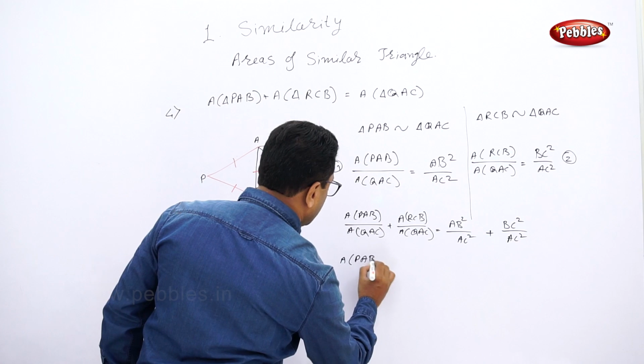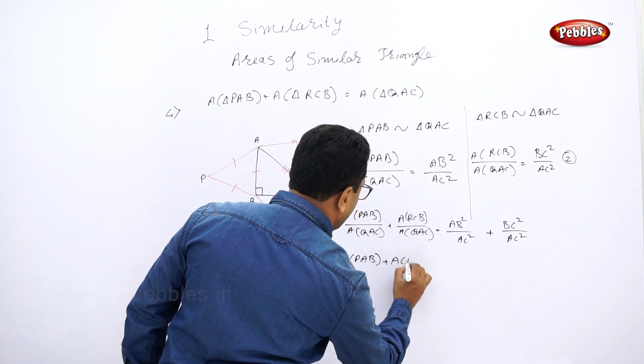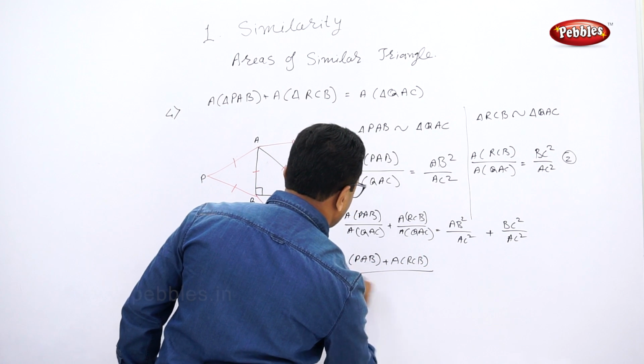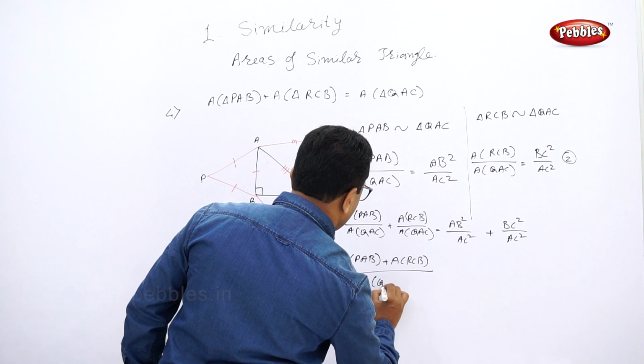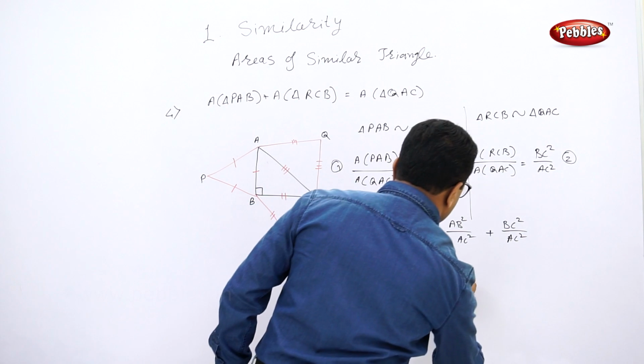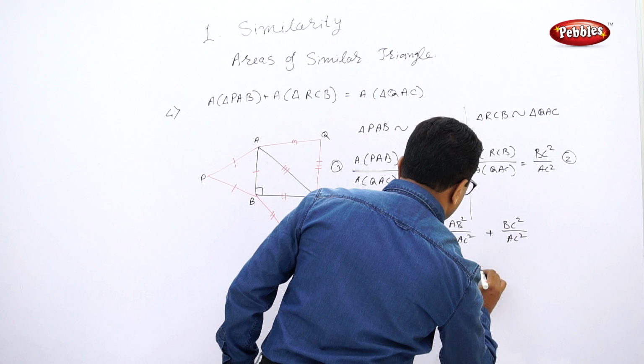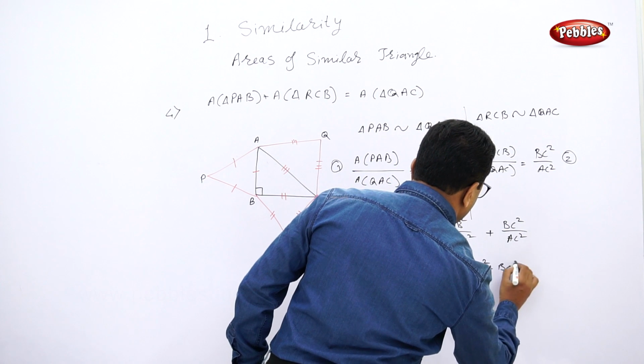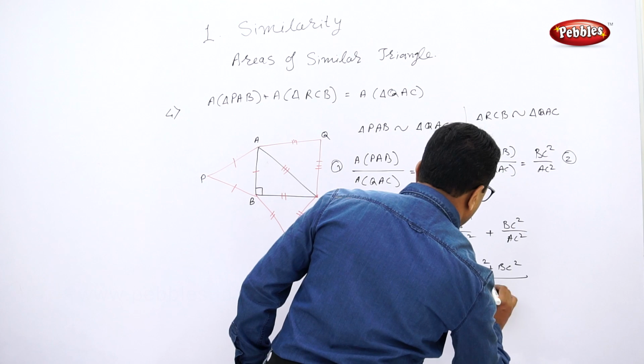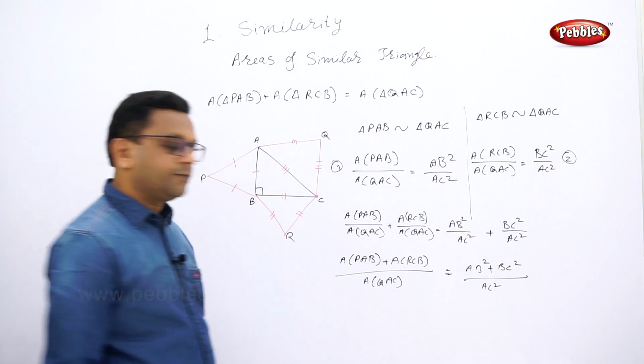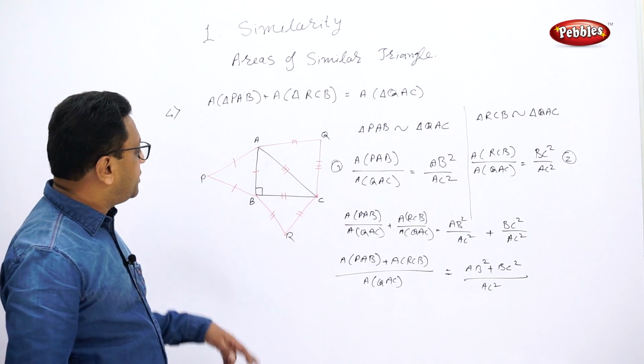Area of PAB plus area of RCB upon area of QAC is equal to AB square plus BC square upon AC square. Now what is AB square plus BC square?